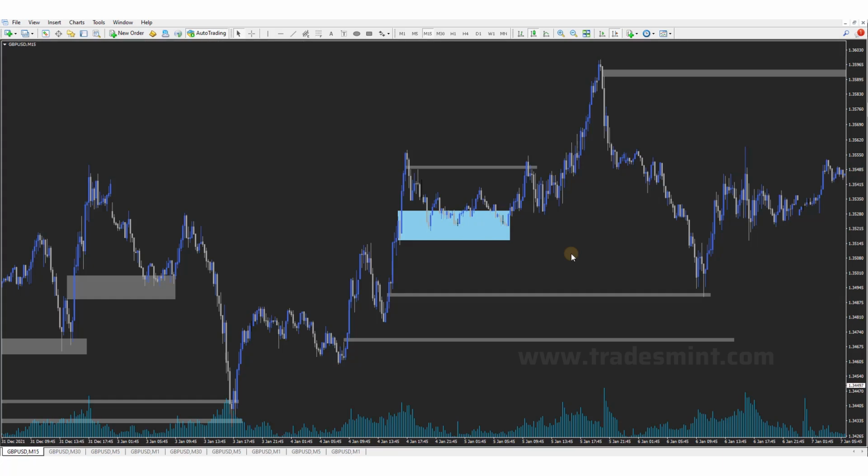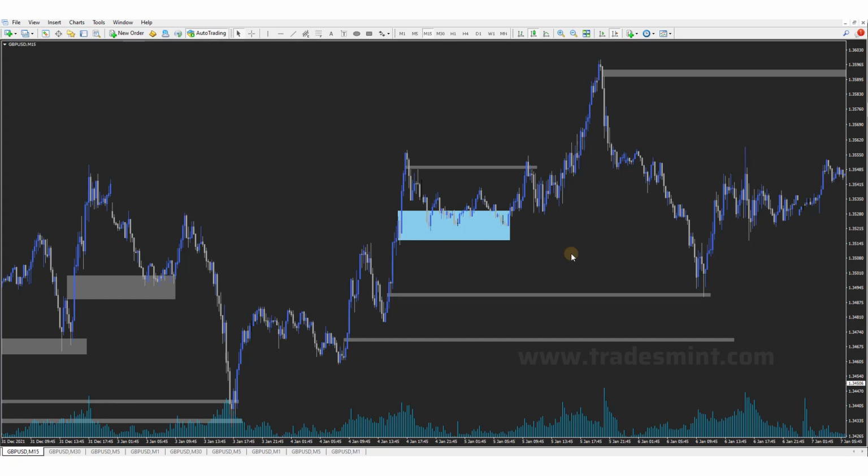Yes, we have the key levels, also support and resistance. We have supply and demand, and the imbalance is like the last thing I would draw on my charts.